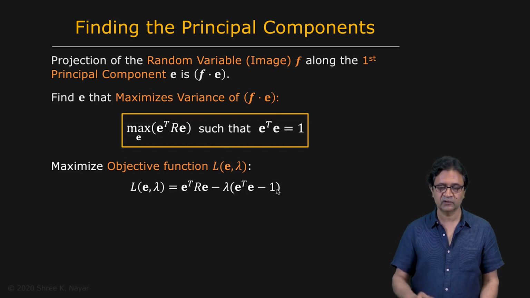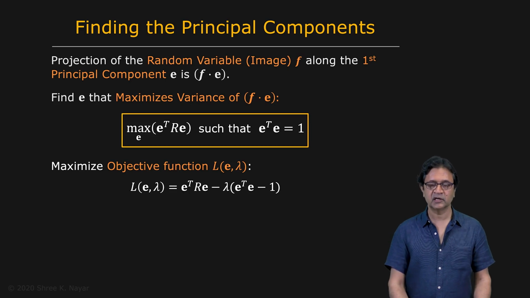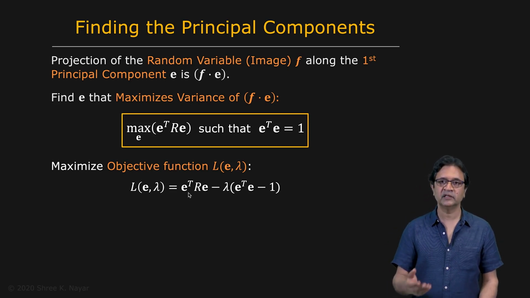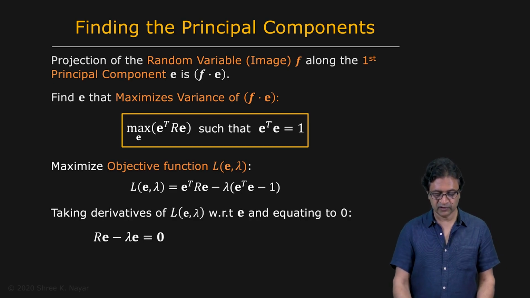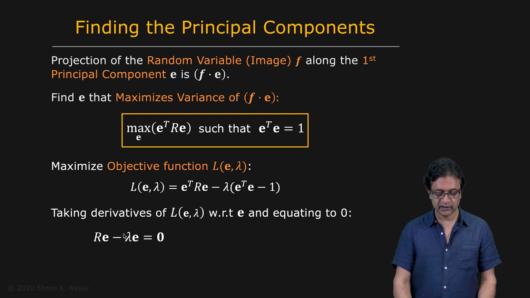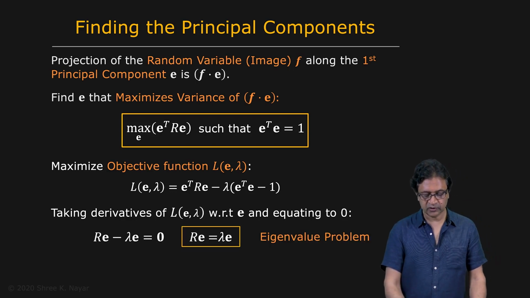We've used this type of objective function before, and now we want to find the e that maximizes it. We do that by finding the derivative of L with respect to e, setting it equal to 0, and that gives you R e minus lambda e equal to 0, which is the well-known eigenvalue problem.